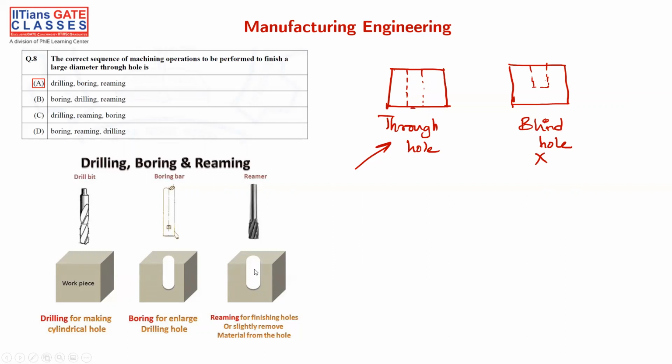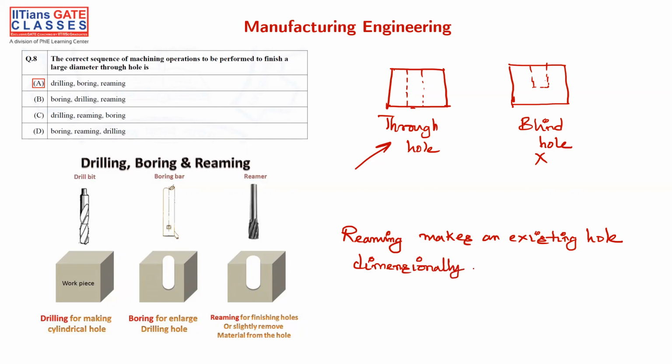So the reaming operation will make the hole dimensionally more accurate, right? So reaming makes an existing hole dimensionally more accurate, I can say.